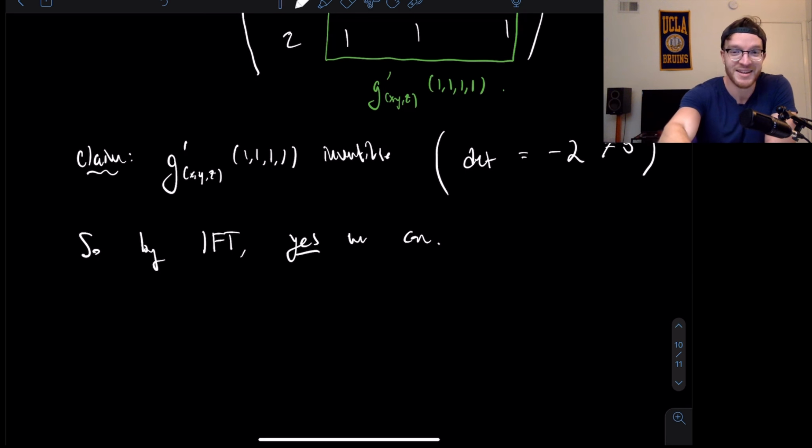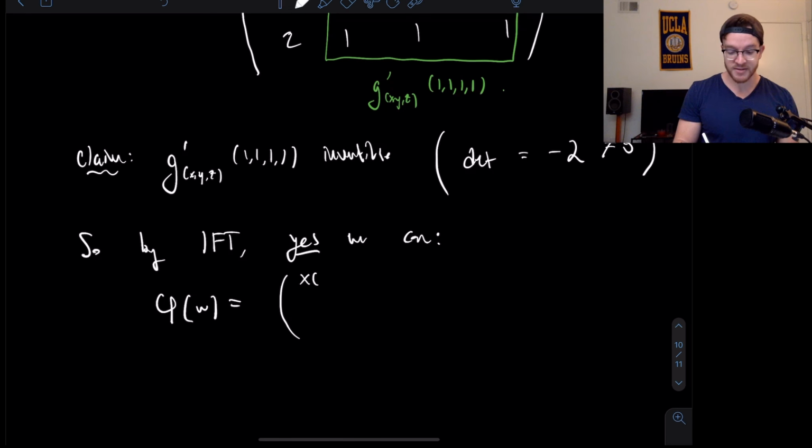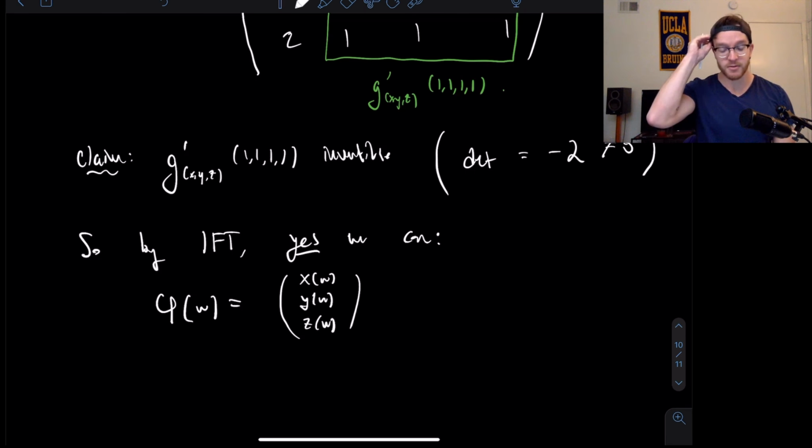Okay, so again, same situation as before. The implicit function theorem tells us that in theory, yes, you can solve for x, y, z in terms of w. In other words, there's going to be a function phi, a function of w, that gives us x as a function of w, y as a function of w, and z as a function of w.